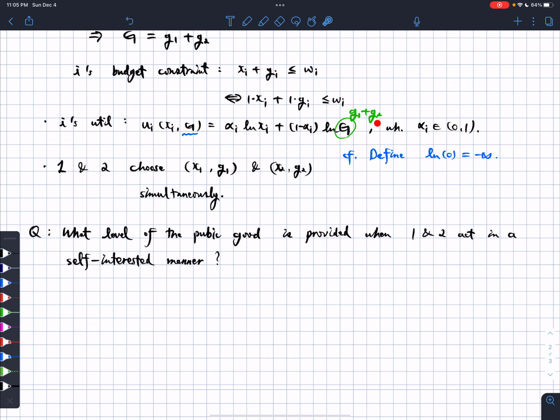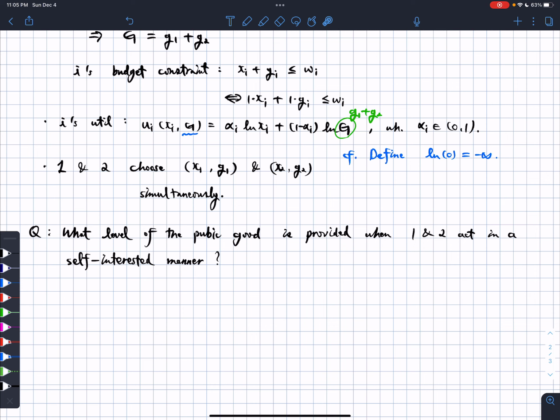But then if you apply this kind of argument to the other player, player 2 also has the same incentive. Player 2 would expect that, well, my opponent, player 1, will provide some positive amount of g1, so then why would I increase g2 a lot? Because if I do that, then I will have to sacrifice this private consumption part, right?